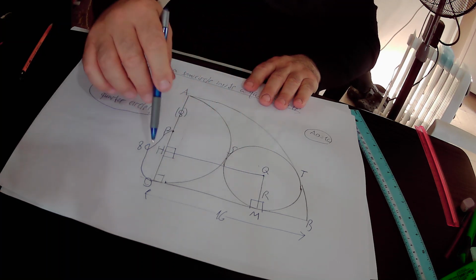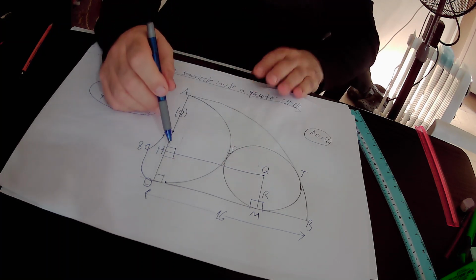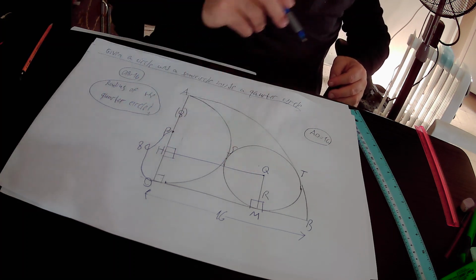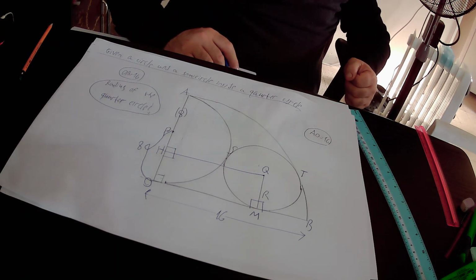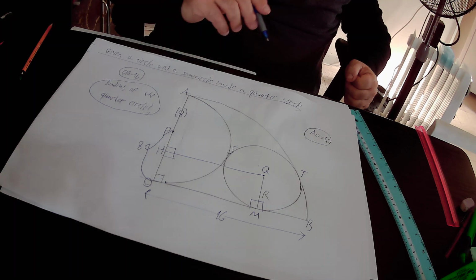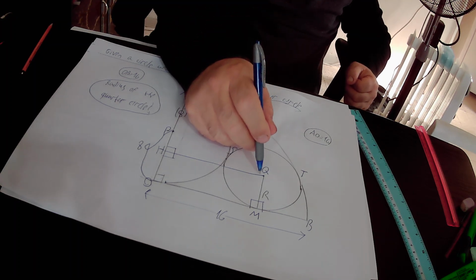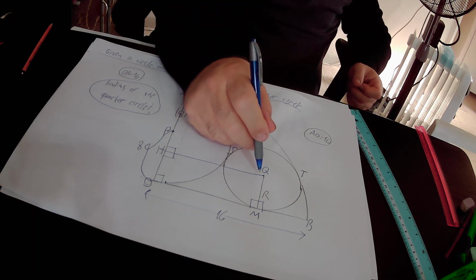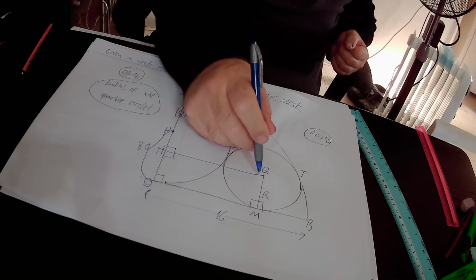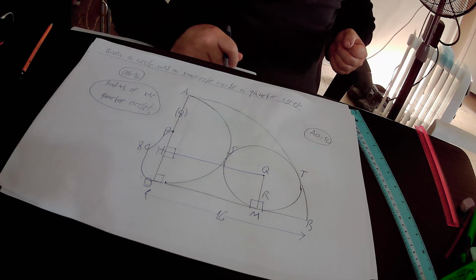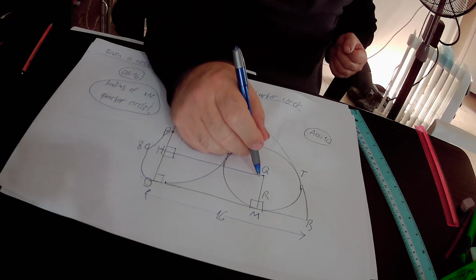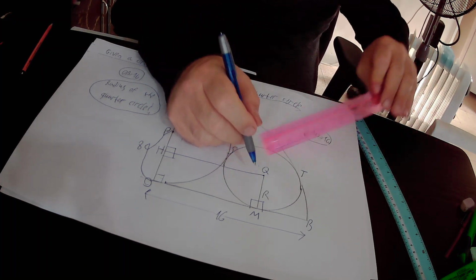Inside this quadrilateral HQMO, we have 1, 2, 3 right angles. The sum of 3 right angles is 270 degrees, so 270 degrees plus the size of this fourth missing angle, in total they must be equal to 360 degrees, according to the rule that the sum of the angles in any quadrilateral is equal to 360 degrees. Therefore, this fourth missing angle must be equal to 90 degrees in its size.